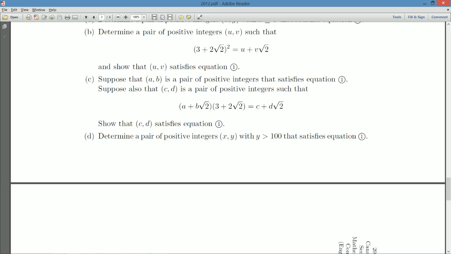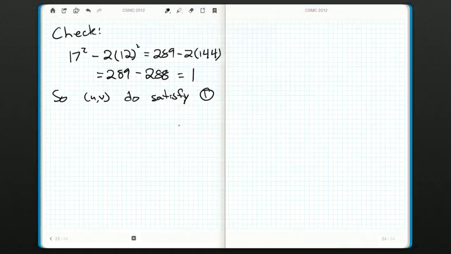So a, b can really be anything. So what we should do is exactly what we did in the last case, which is just expand this out, but instead of 17 and 12, we'll get something in terms of a's and b's for our two values of c and d. And then we just need to show that they satisfy equation number 1.